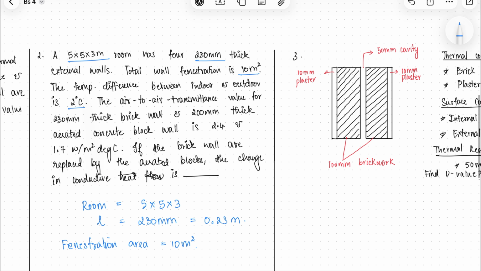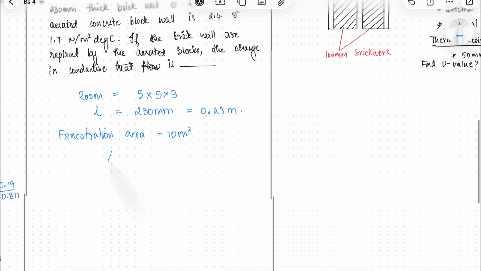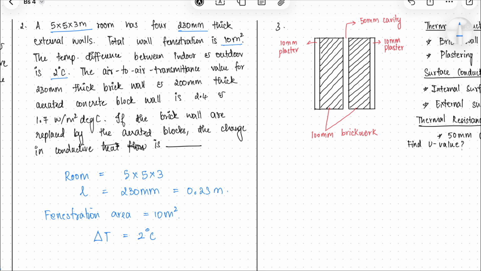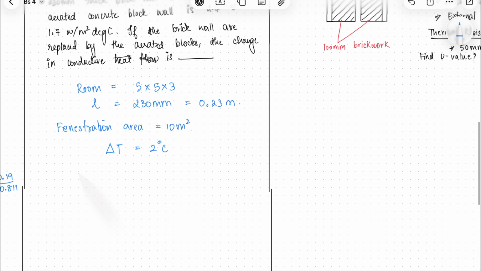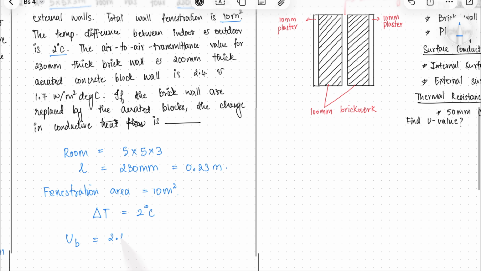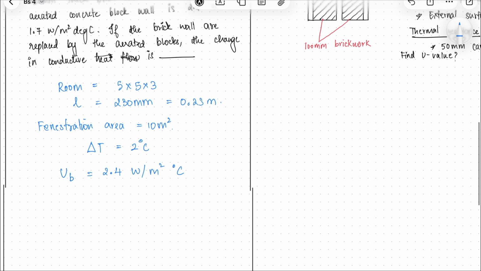They have given us the temperature difference between the indoor and the outdoor as 2 degrees Celsius, which is your delta T. And they have given us the U value of both the materials. The U value of the brick wall is 2.4 watt per square meter degree Celsius, and the U value of the aerated blocks is 1.7 watt per meter square degree Celsius.